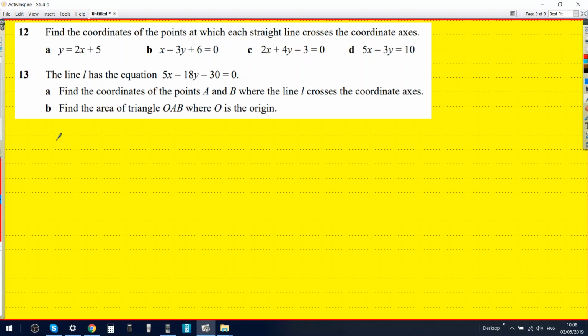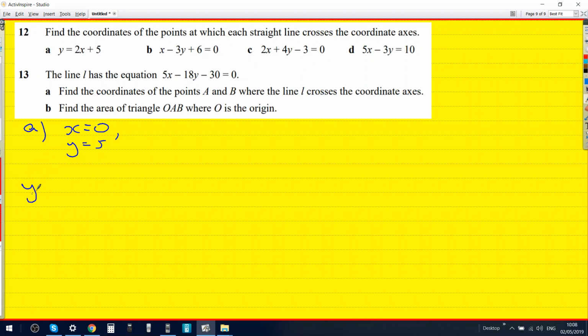Yeah, so Y equals 5. And x equals minus 2.5.